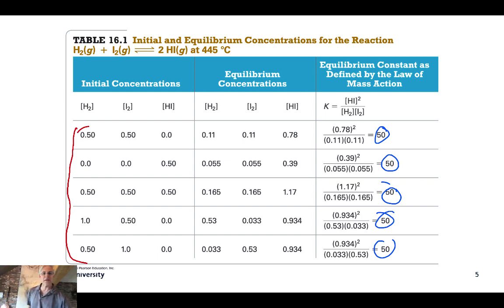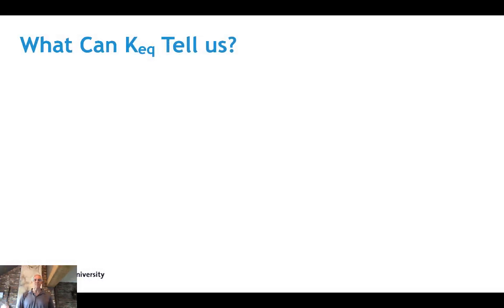Okay, so that's the equilibrium constant for that particular reaction at that particular temperature, and that means that no matter what the starting conditions are, you have to have that ratio of the concentration of HI squared divided by concentration H2 times concentration of I2. That ratio has to equal 50 at equilibrium. It also tells you if you're at equilibrium or not. If you don't have a value of 50 for those ratios, then your reaction is not at equilibrium.